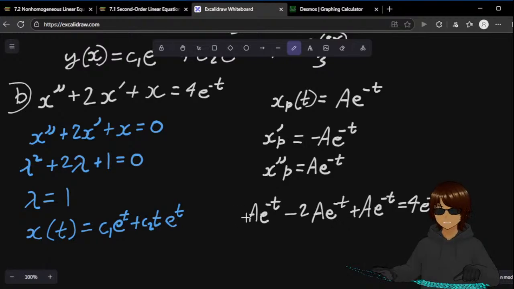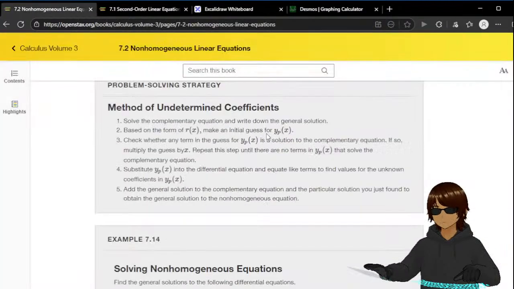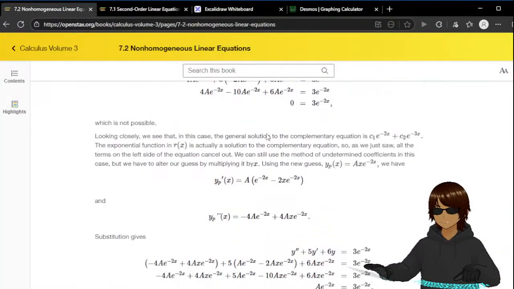This plus this is positive 2. This plus 2 minus 2 is 0. 0 is equal to 4e to the power of minus t. And then we have an issue. So what do we do in such a case?